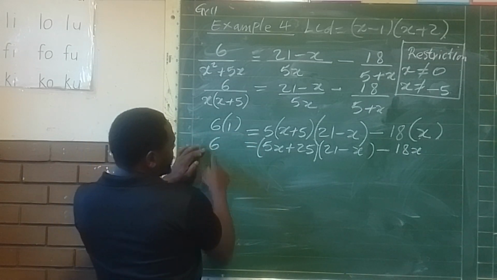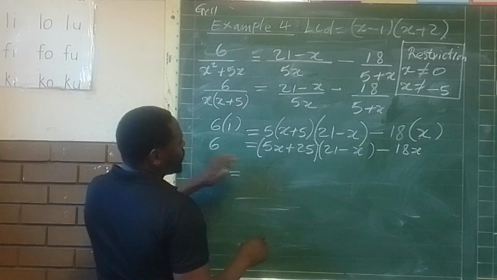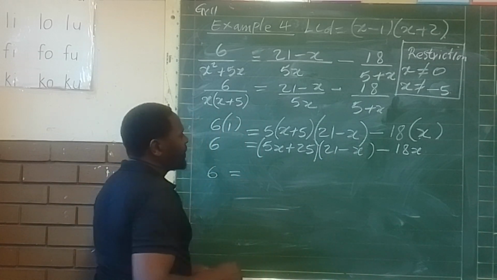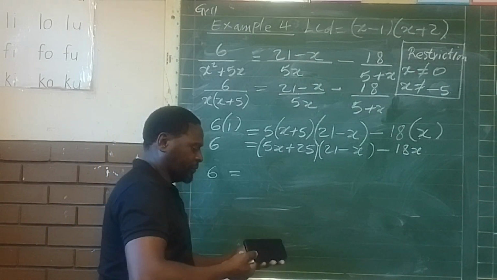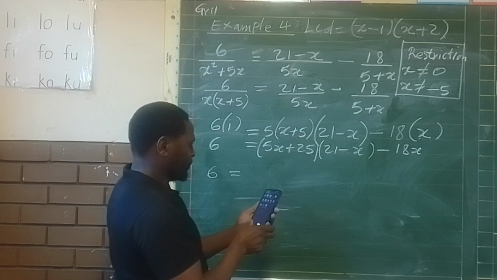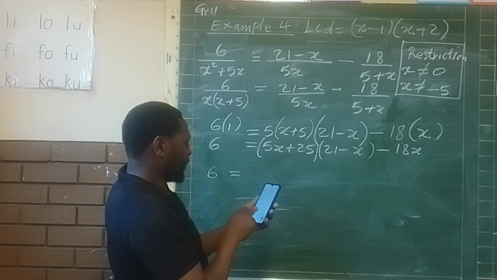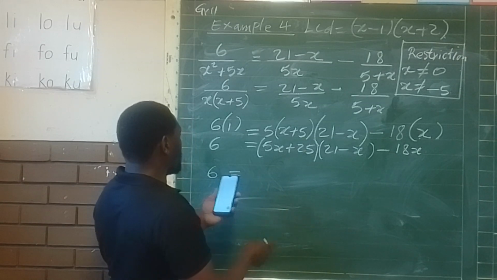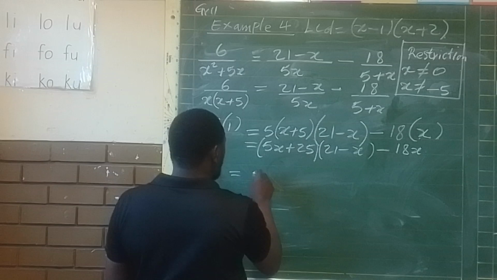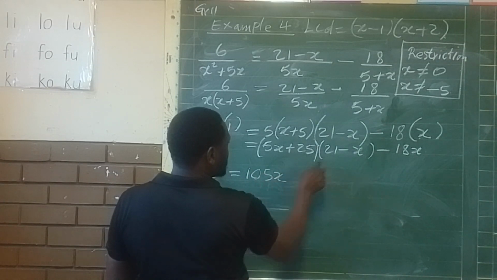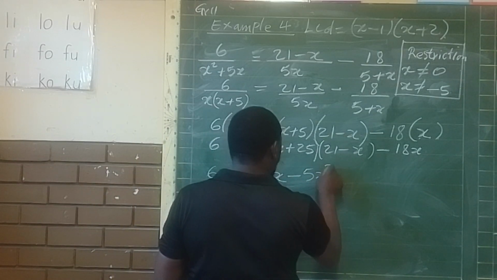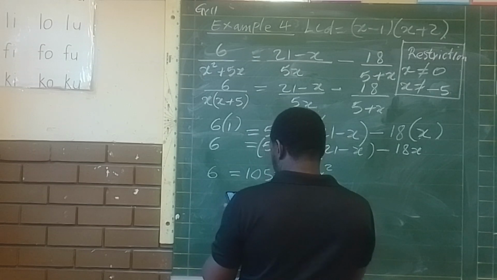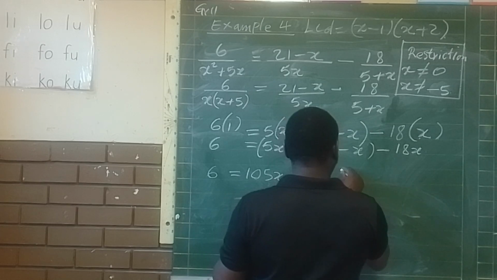Right? Bring the 6 down. It's equals to 5 times 21. 5 times 21 is 105x. 5 times x is 5x squared. 25 times 21 is 525.